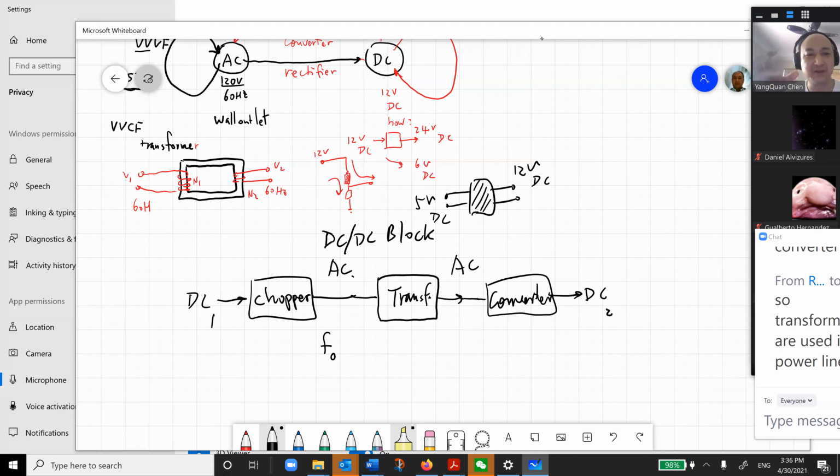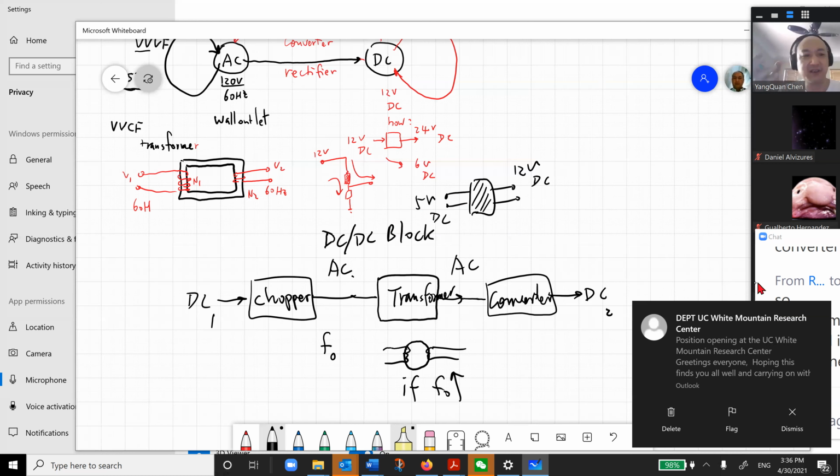So that's why usually in this transformer, okay, you may say, oh, I don't see a transformer. But remember that a transformer can be very simple, like a magnetic ring with a very small amount of coils. It can be very miniaturized if F0 is high.